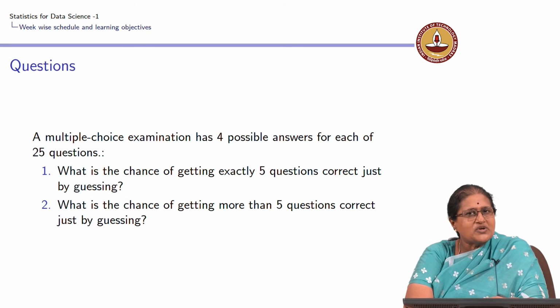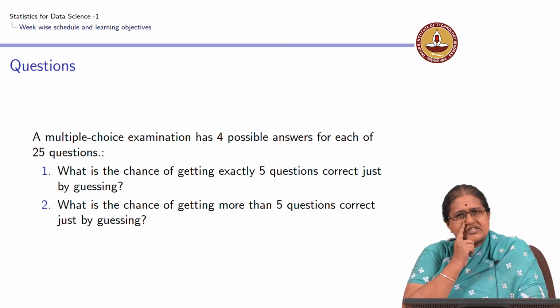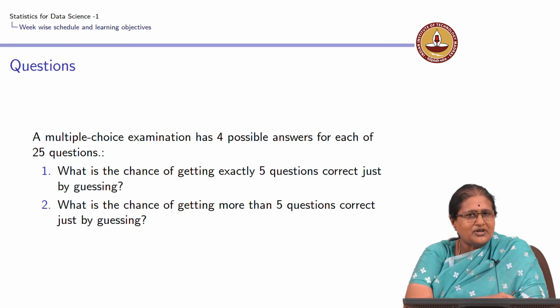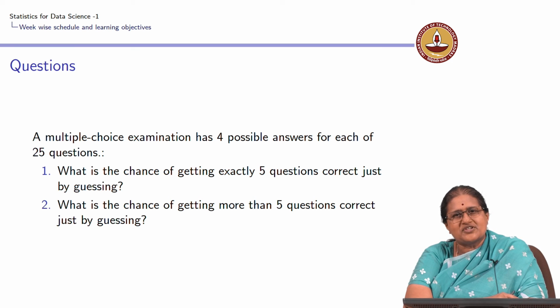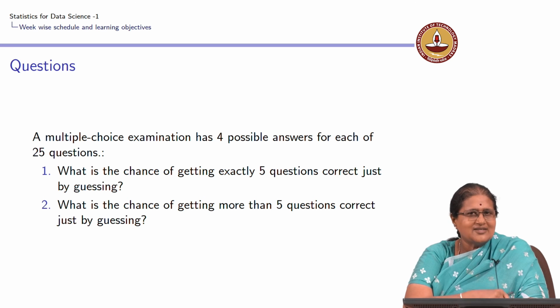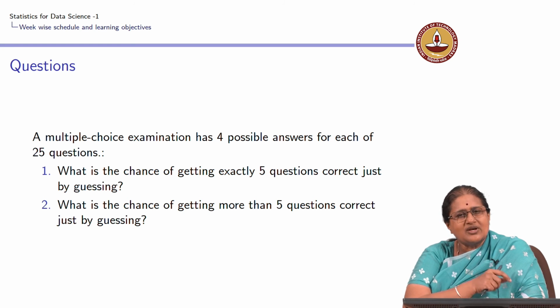So, the natural question to ask when we are writing an examination which has multiple choice questions is, what is the chance of me getting questions correct just by guessing? This is a very natural question for us to know. Again, guessing is an element of chance. So, here we are focusing on getting an answer right or wrong.